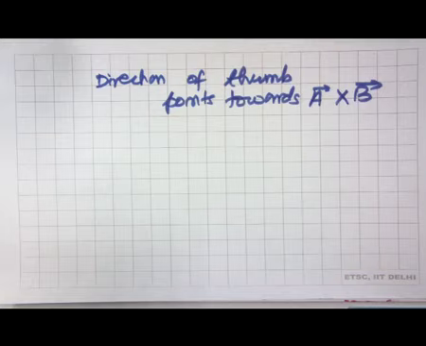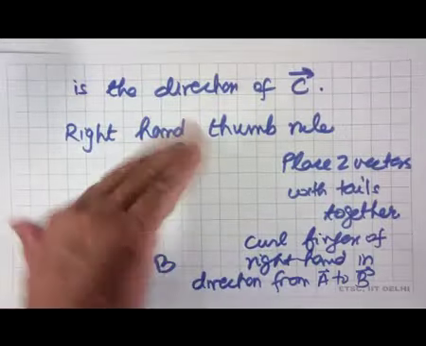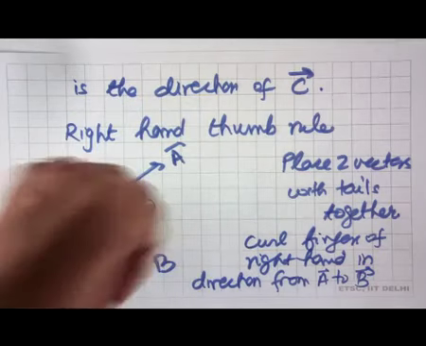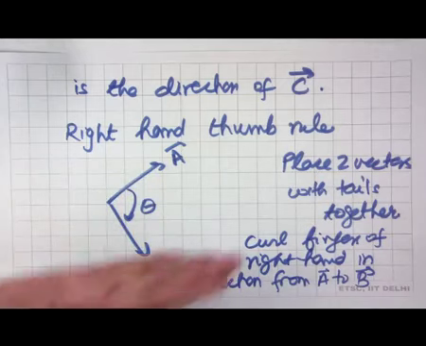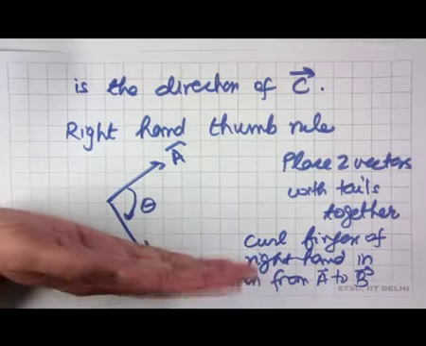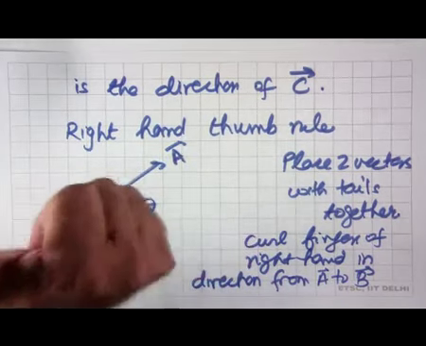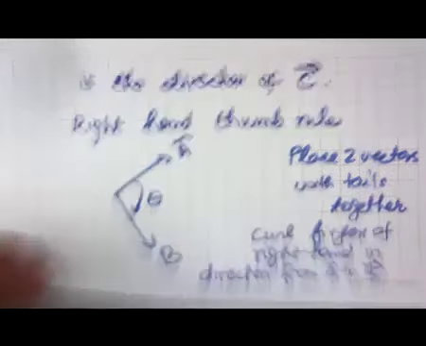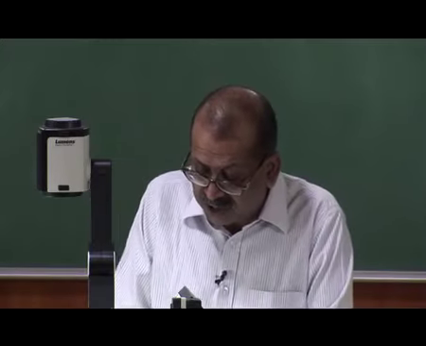Now, you will notice if I am doing A cross B, that means I am turning from A to B, my thumb is pointing inwards or downwards. Now, if I do B cross A, that means I put my fingers at B, turn them towards A, and the thumb is pointing upwards. So, B cross A and A cross B point in opposite directions.